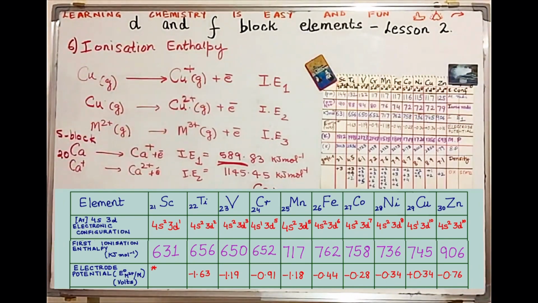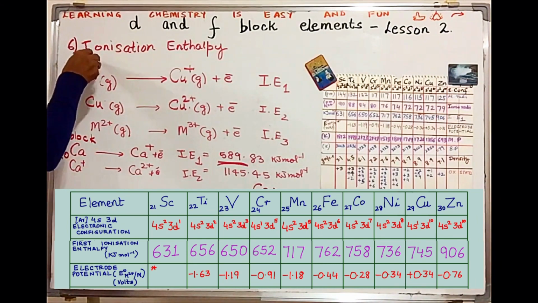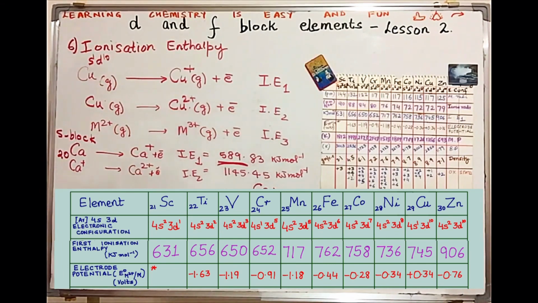Is it easier to remove 1 electron or 2 electrons from copper? Remember electronic configuration. When you've got Cu, the configuration is 4s1 3d10, right?